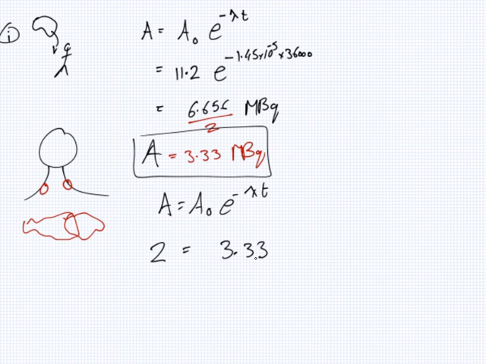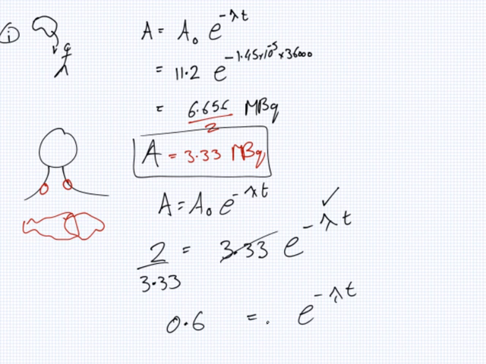Simplifies your life. So this would be e to the minus lambda t. Do we know lambda? Yes, so we'll divide by 3.33 and this is going to be roughly equal to 0.6, I believe.